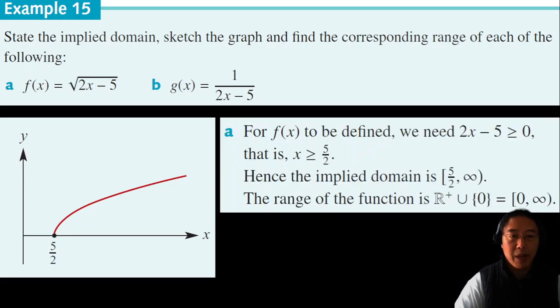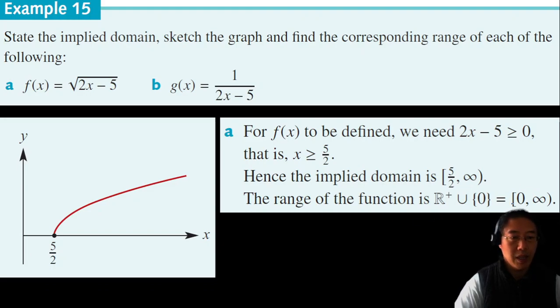To find the implied domain, you solve that inequation. 2x minus 5 is greater or equal to 0. And as x has to be greater than or equal to 5 over 2, here's your implied domain as an interval. And for the range, you will go from 0 to positive infinity.